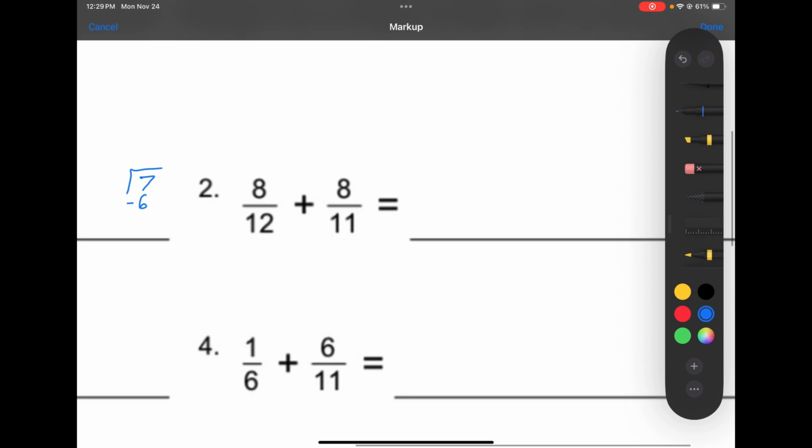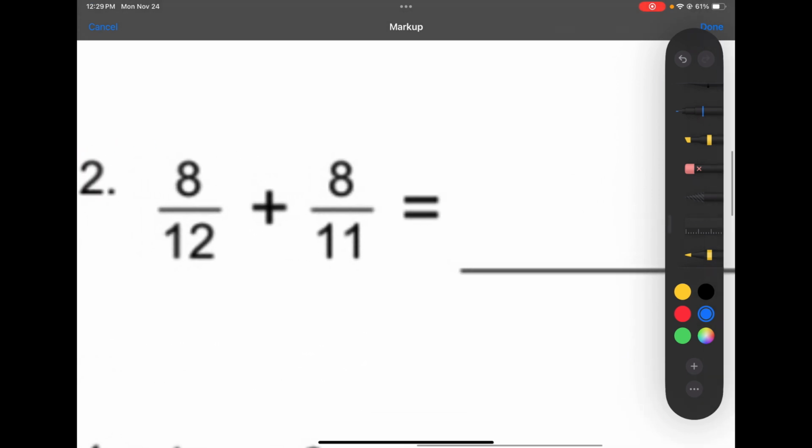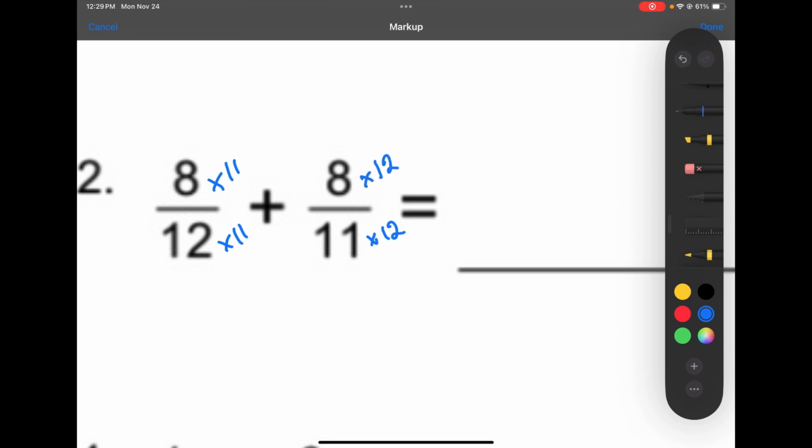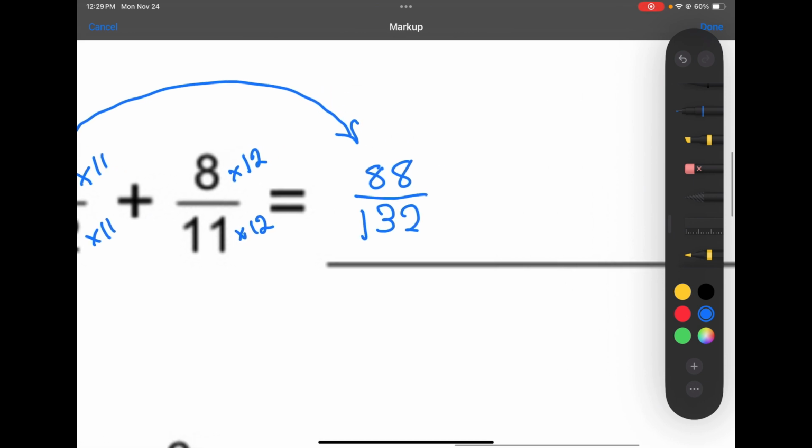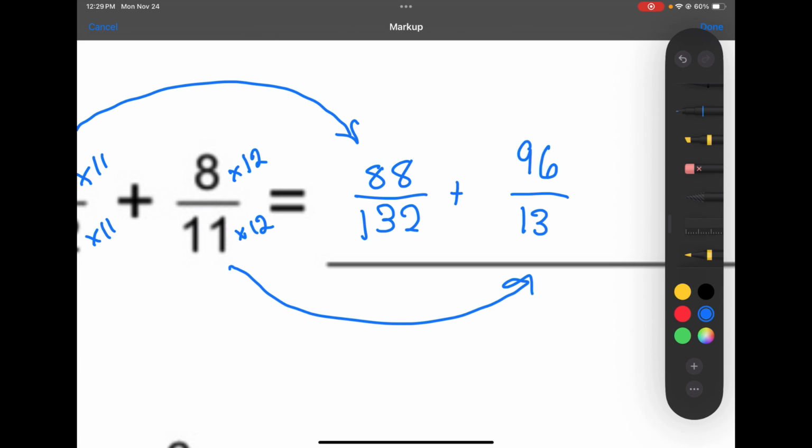Let's move on to number 2. We're going to use the same process where we multiply each fraction by the other denominator. So 8/12 becomes 88/132, plus, and then 8/11 becomes 8 times 11 is 88, plus 8 is 96/132.